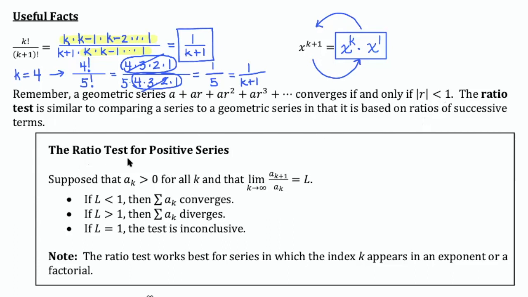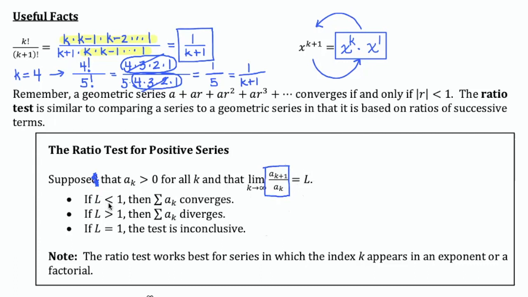Notice what the ratio test for positive series says. First of all, suppose that all your terms are positive, greater than 0, for all k values, and that the limit as k approaches infinity of the ratio of two successive terms, a sub k plus 1 in the numerator over a sub k, is equal to L. The value of L will tell you what the series is going to do.